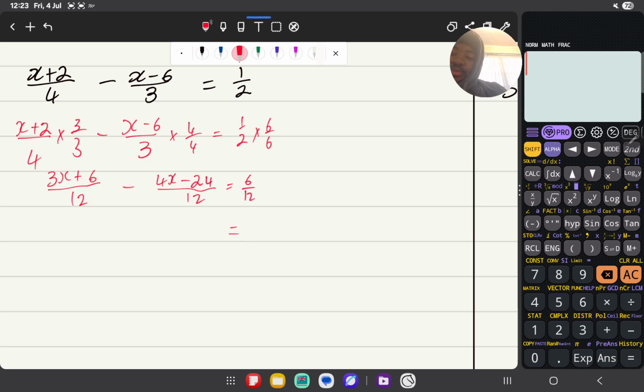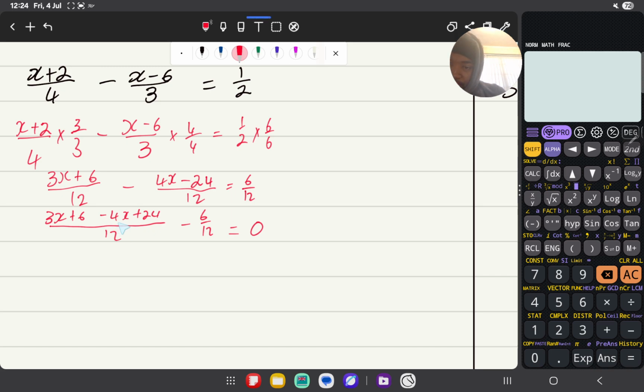Let me transpose it: you have 3x plus 6, then minus 4x plus 24, the negative becoming positive, right? And then over 12, minus 6 over 12, equals 0.